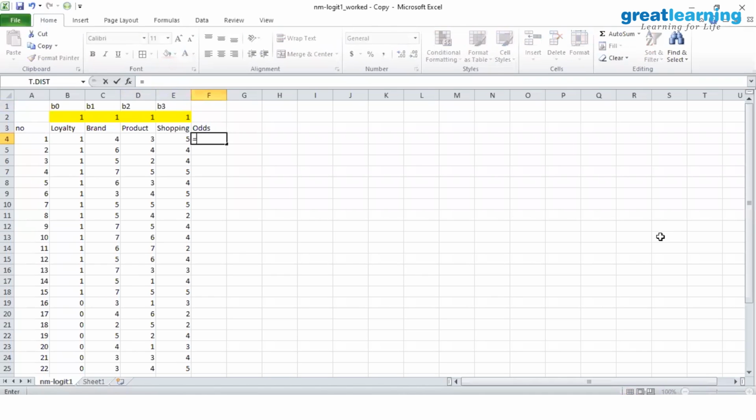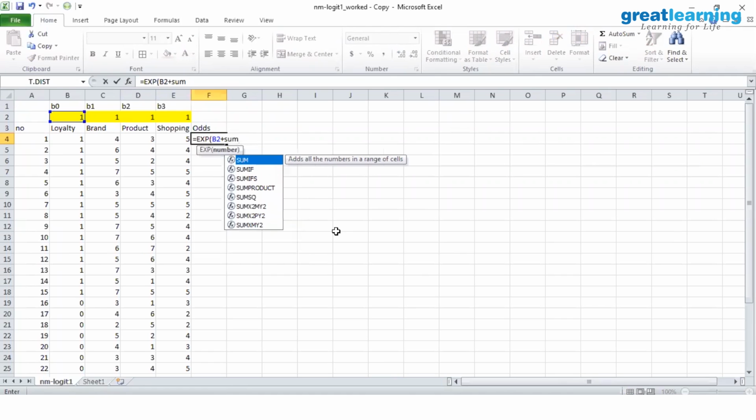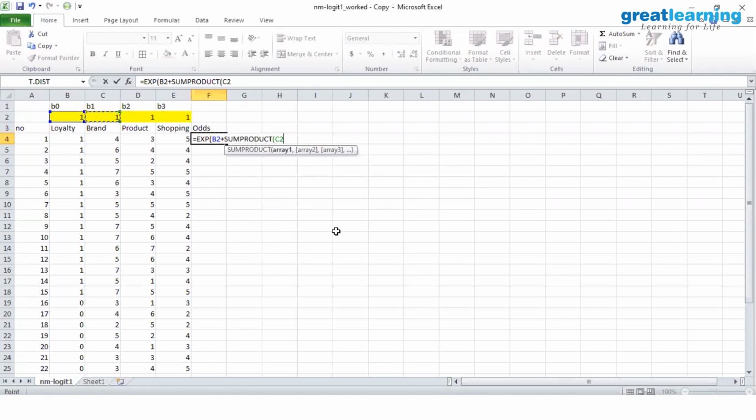The odds is given by exponential of the sum product of B1, B2, B3 with x1, x2, x3. What does it mean? What am I trying to do? B1 x1, B2 x2, B3 x3. I'm just using a default functionality in Excel. Is everybody clear here? Yes, sir.